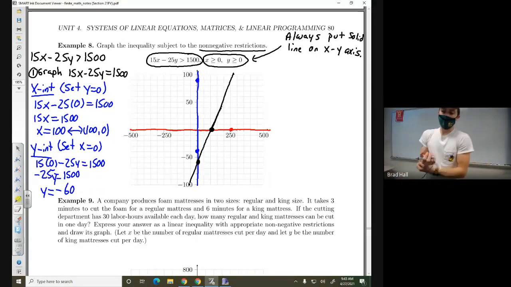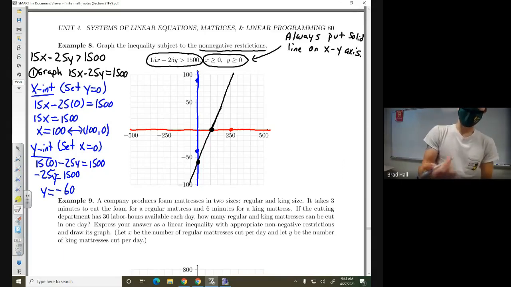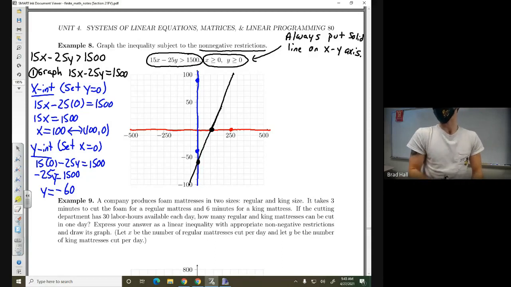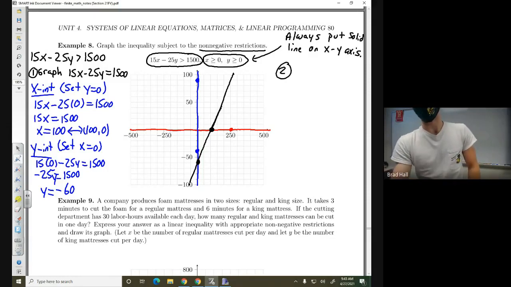Okay, so from here, we have the 2 non-negative restrictions. Those are the solid lines on the axes, which you have to do by default. And I made a mistake here, didn't I? What mistake did I make here?